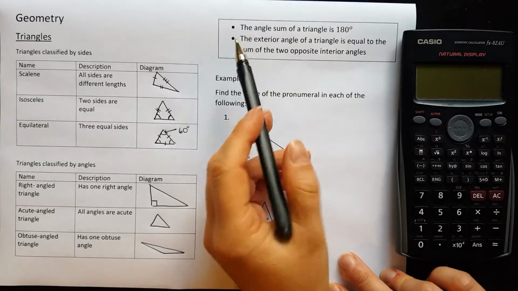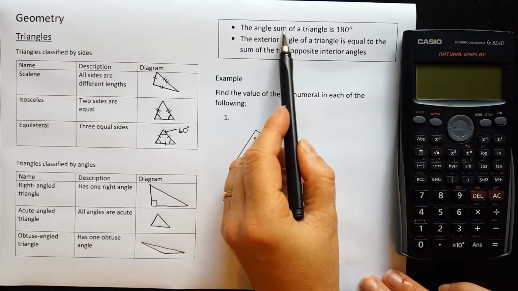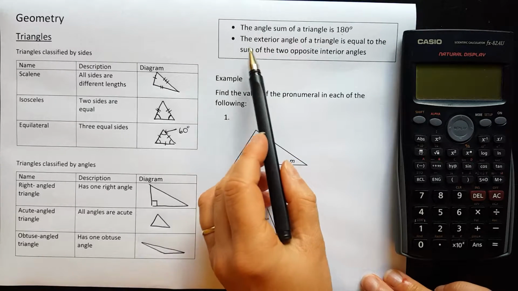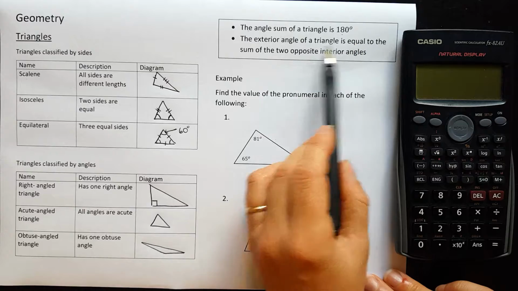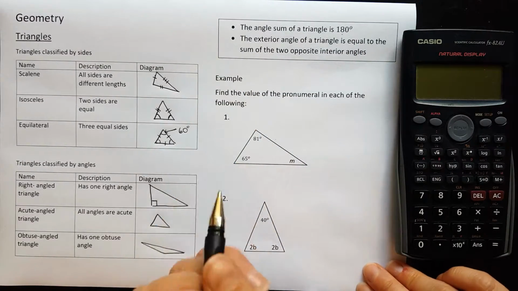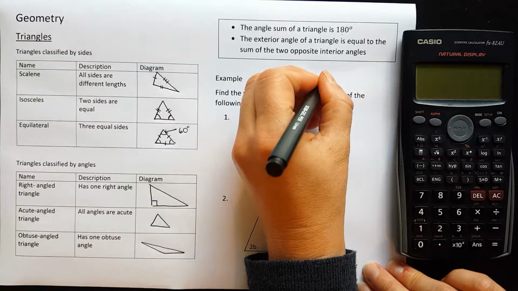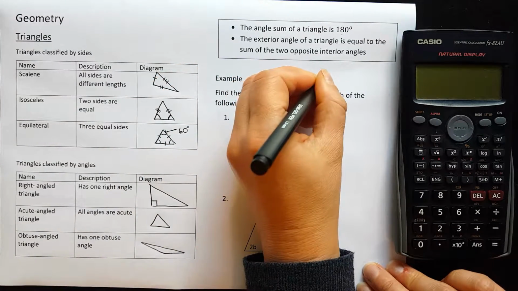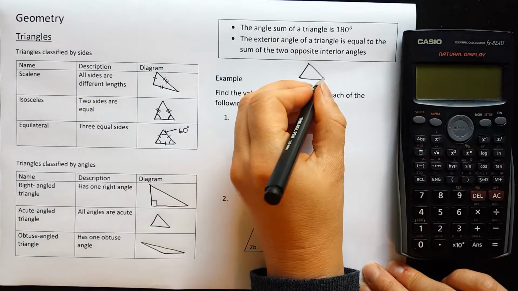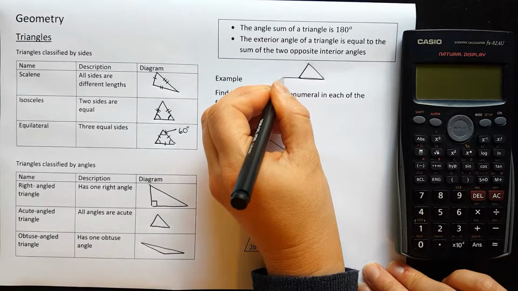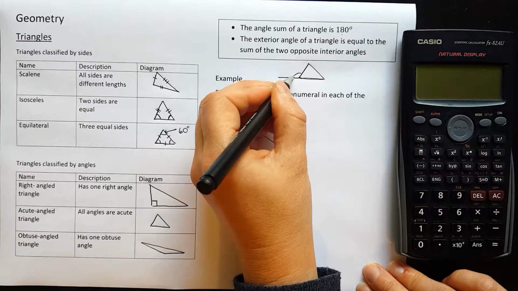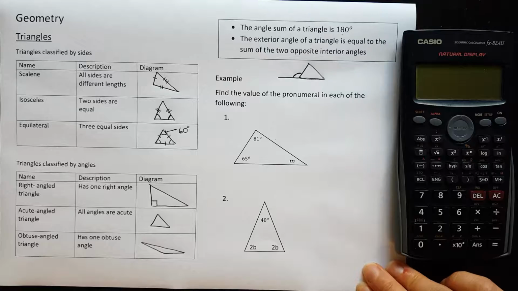As I said before, the angle sum of all triangles is equal to 180 degrees. Also, the exterior angle of a triangle is equal to the sum of the opposite interior angles. So let me draw you a little diagram. If I have a triangle like this one here and I extend one of the sides out, just make it longer, that angle out there is what we call an exterior angle of a triangle.